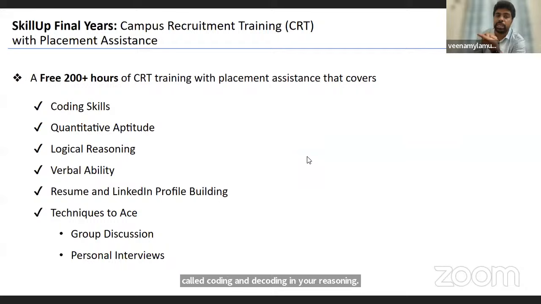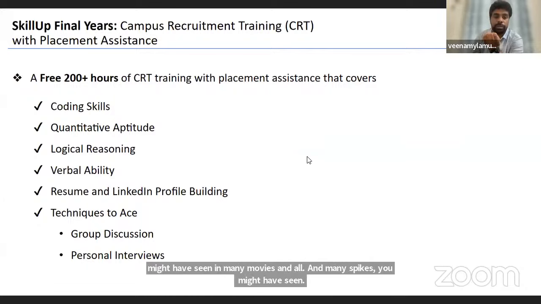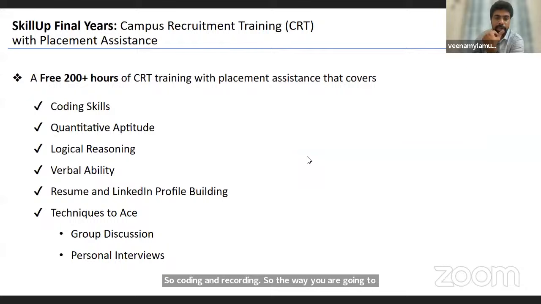Coding and decoding is actually used in real time. You might have seen it in many movies, in many spy thrillers. The way you decode. Ganga has already said it is hacking. Very good. When you see the topic itself, you will know where it is used. And apart from all this, it will consume a lot of time in your examination.